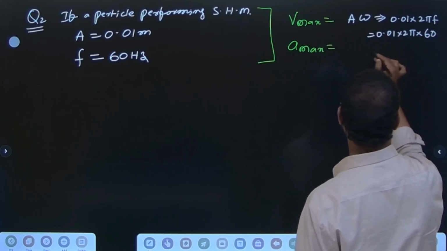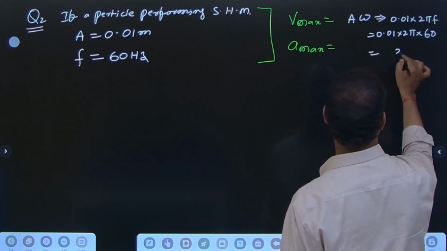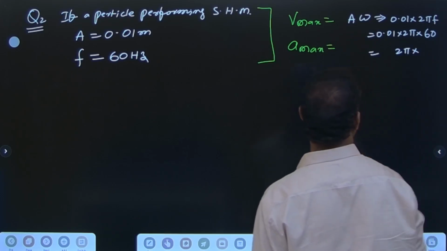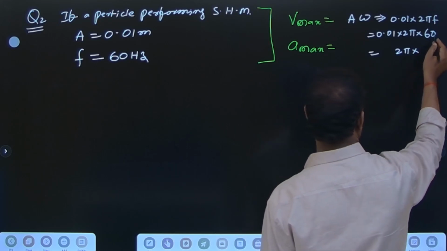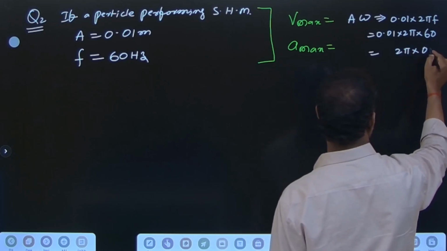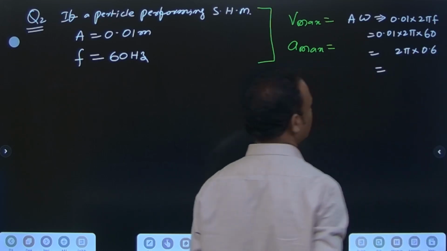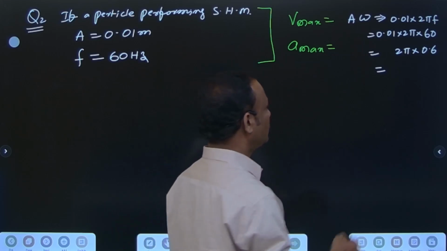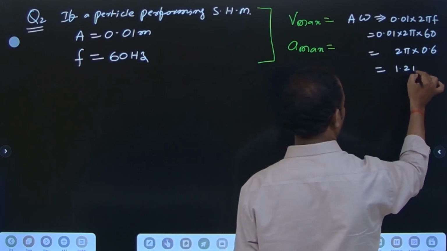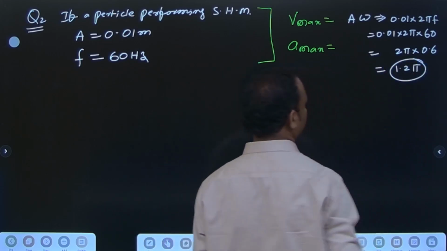Okay, all in SI. The 0.01 gets cancelled, leaving 0.6 times 2 pi. So 6 twos are 12, 1.2 pi is the answer.